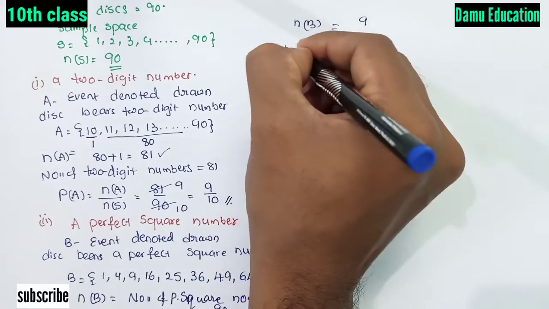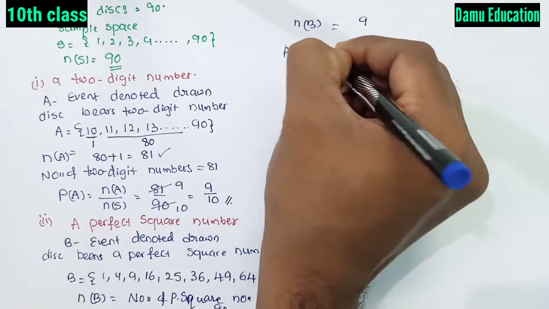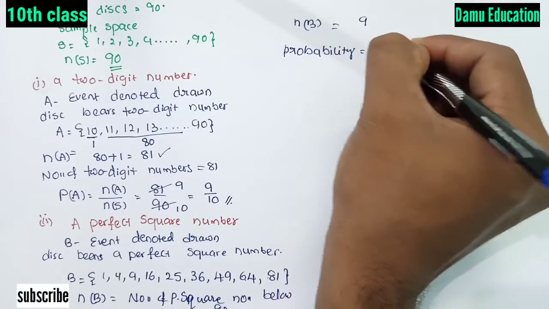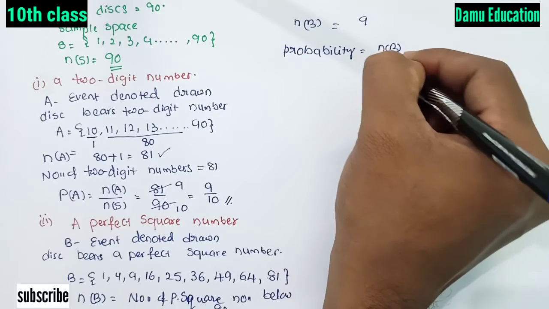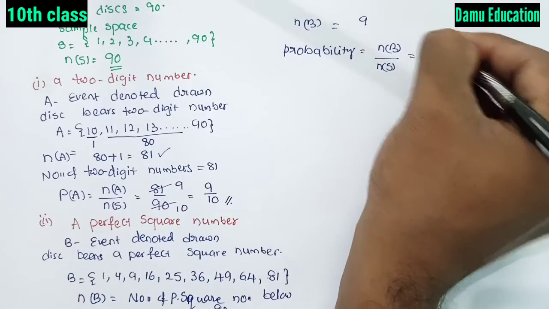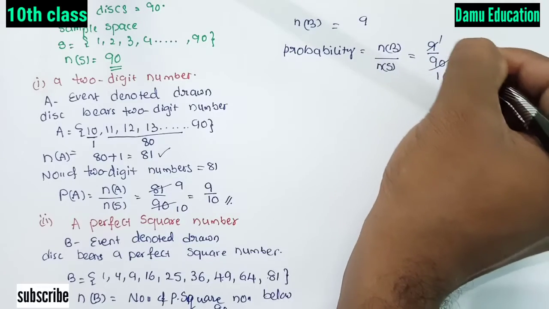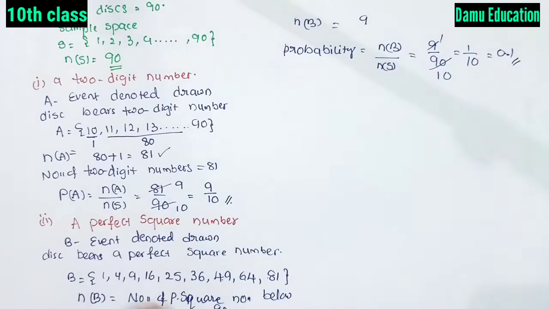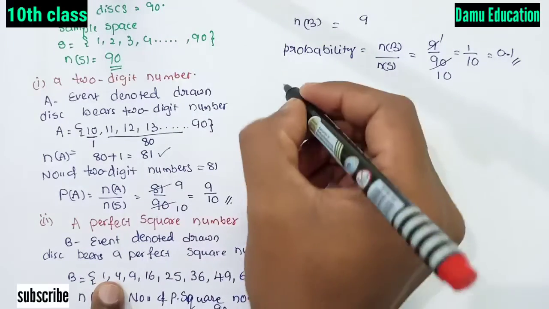Then the probability is n of B by total number of discs. So 9 by 90, which is 1 by 10, that is 0.1 is the probability.